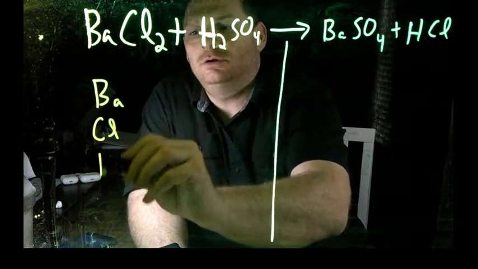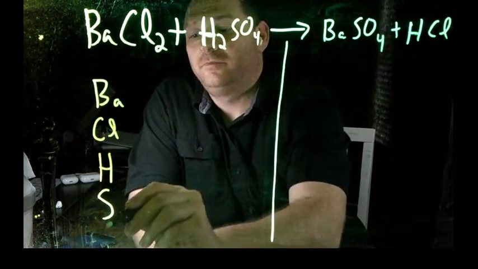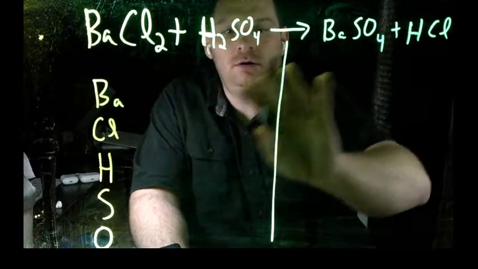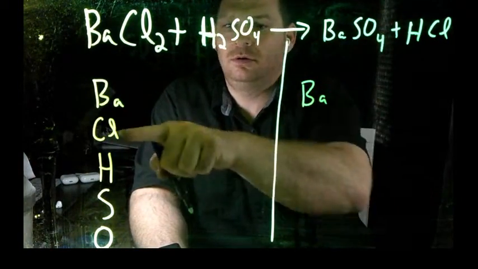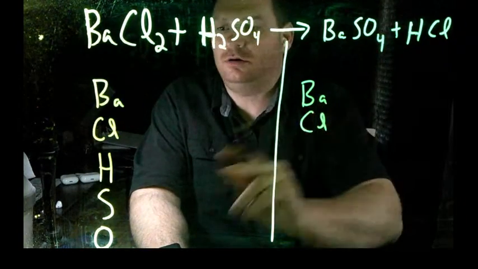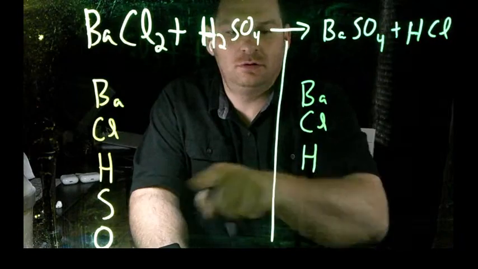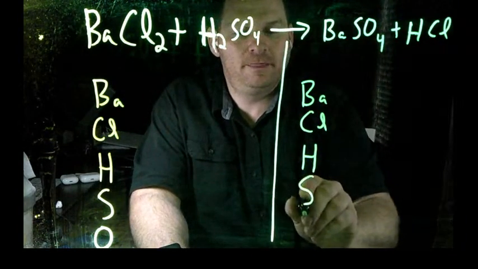We have a hydrogen, sulfur, and oxygen. That's a lot. Let's copy what we have here and put it right here. We have Ba, Cl, hydrogen, sulfur, and oxygen.